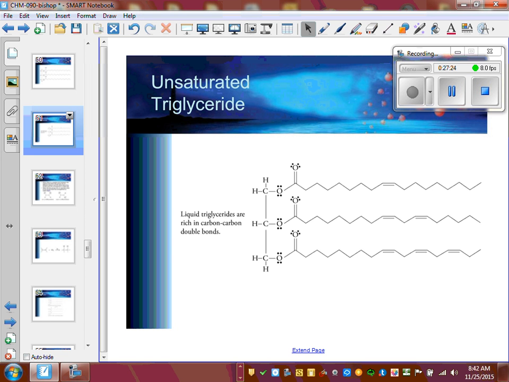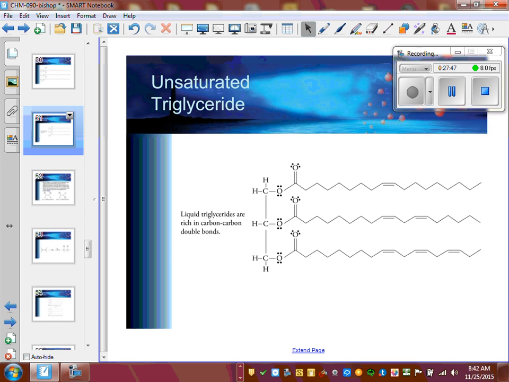So guess which one's going to have the higher melting point? The one that packs together nice and tight, or the one that can't? The one that can. When it packs together, it's holding on to each other. It can really interlock. To melt, you got to pull that apart. So the ones that can't pack, it's easier to pull them apart.